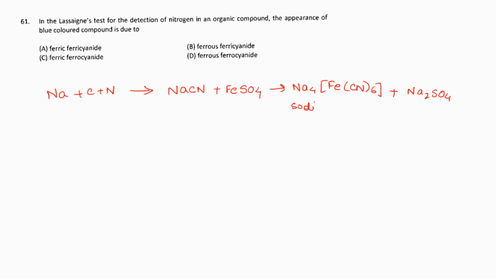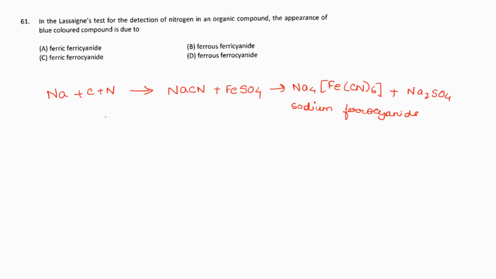Now, when its reaction is taking place, some Fe3+ ferric ions are also generated in the process, and the ferric ions, when they react with this ferrocyanide ion, form the Prussian blue precipitate. It's a blue precipitate, which is your ferric ferrocyanide.